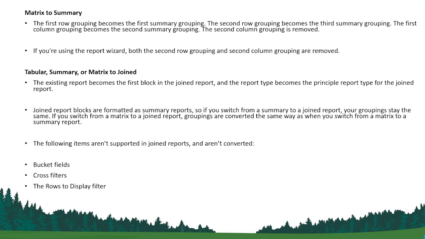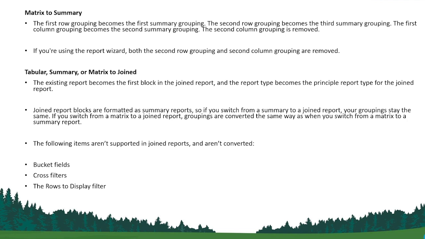When I am talking about tabular, summary or matrix and then I am converting it to joint, here the joint is the most complex format. So the report that is already there will become the first block in the joint report. And the report type will become the principal report type for the joint report.